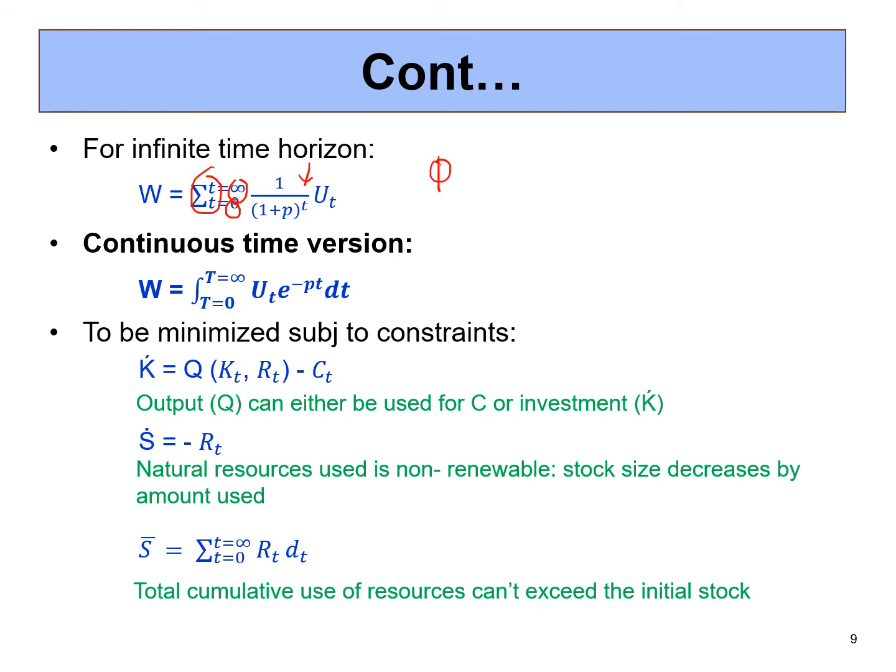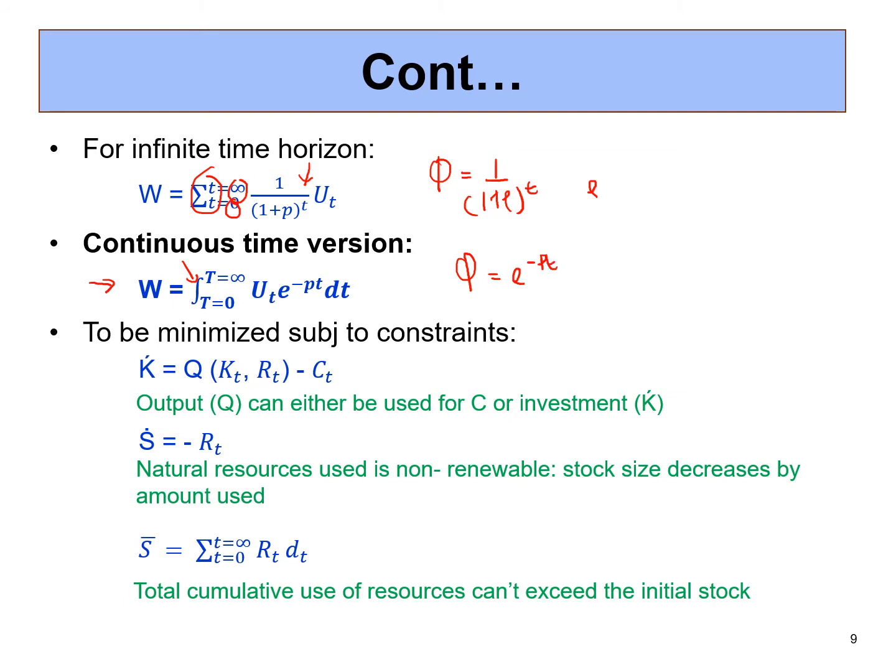Pi is our utility discount factor, and pi equals 1 over 1 plus rho to the power of t, while the utility discount rate is our rho. In continuous form, we can also write our welfare function in this form. You will use the integral symbol, and then our pi will be written in exponential form, so you will have e to the power of minus rho t.